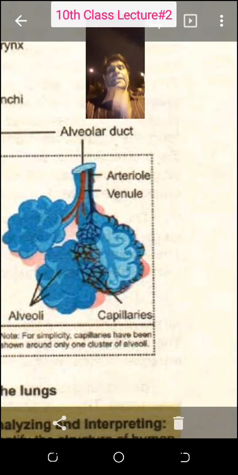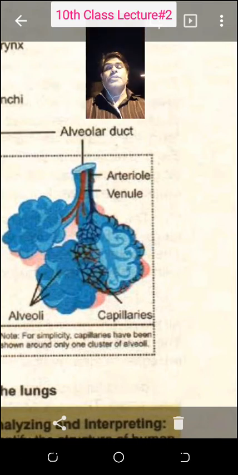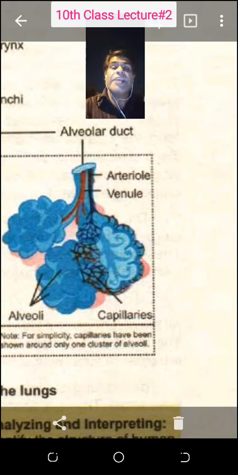Now you are getting the idea why alveoli cells are important: they are the only cells in the respiratory system that are surrounded by blood capillaries. That makes the alveoli cell important, because the carbon dioxide in these capillaries will flow from high concentration to low concentration into the alveoli cell.